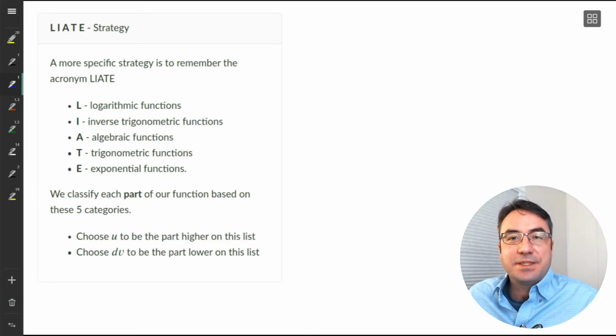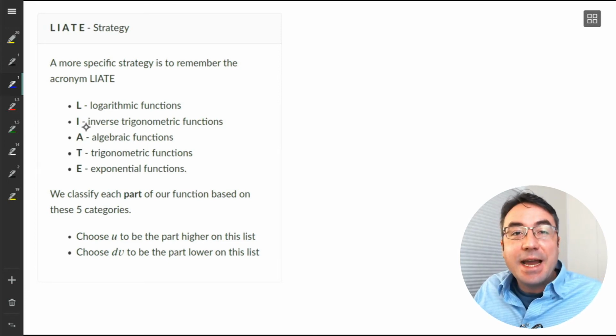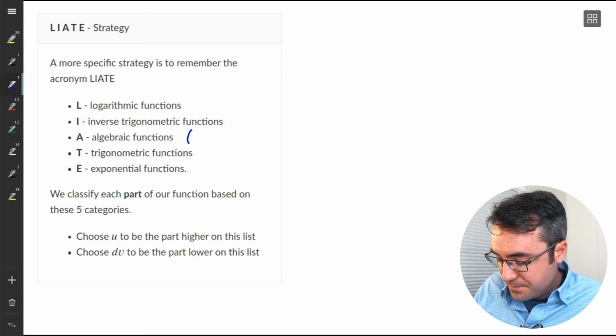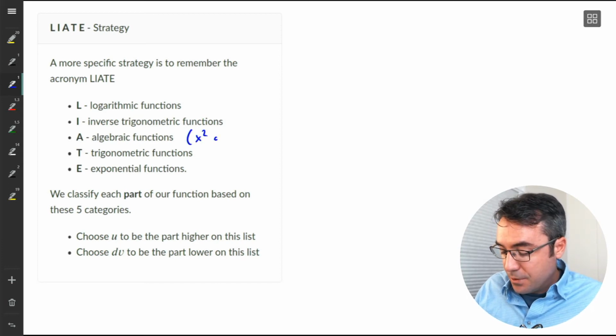What it stands for is the L stands for log functions. The I stands for inverse trig functions. A stands for algebraic, things like power functions or polynomials. So things like x squared or 2x plus 3.